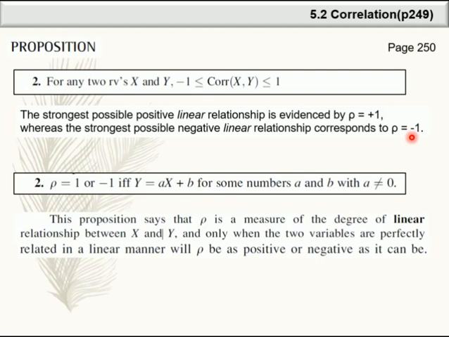So that means your data lies perfectly on a straight line and it's sloping downwards. So that's the second part of the first proposition on page 250. The other proposition is pretty much what I've actually just said right now. So you can just take a moment to read exactly what it says here. This is all from the textbook. I just wanted to highlight it to you.